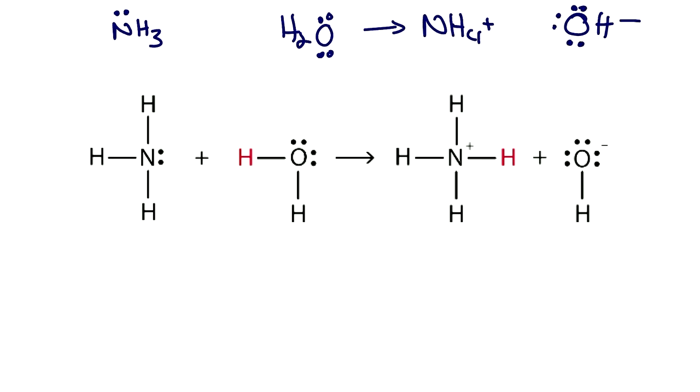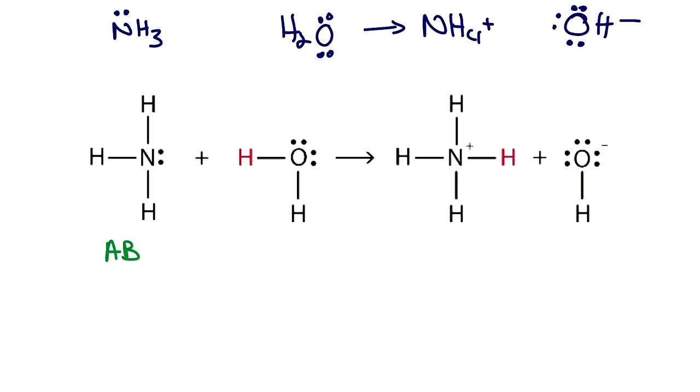Okay, so let's do our Arrhenius definition first. NH3 would be our Arrhenius base because when we put NH3 in water, it makes hydroxide. NH3 is a base because it produces hydroxide.